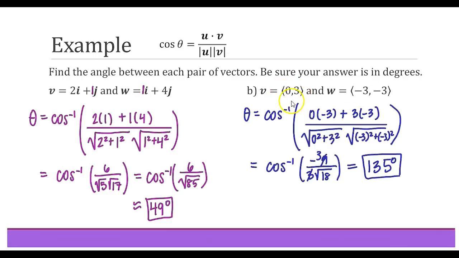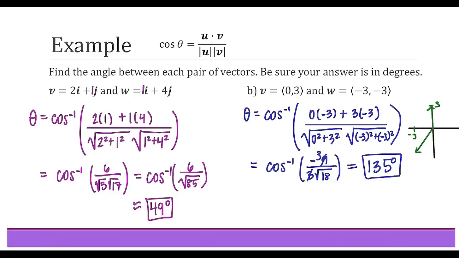And to finish out, I just want us to think about why it's exactly that value. So if I graph each of these vectors, I'm going to just do a quick sketch over here. If I graph the vector 0, 3, that's going to be straight up, so it's going to end at 3 here. And then the vector negative 3, negative 3, that's going to be over here in quadrant 3.